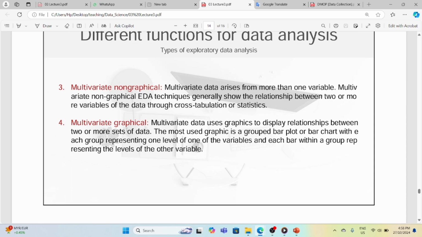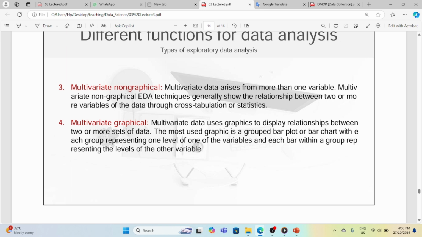Multivariate non-graphical EDA techniques generally show the relationship between two or more variables of the data through cross-tabulation or statistics. So we have more than one variable and we look at the relationship between two or more variables.